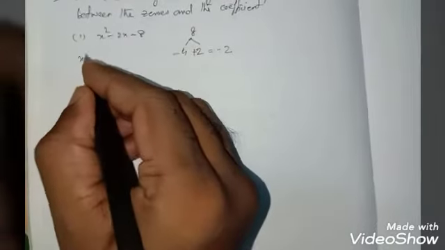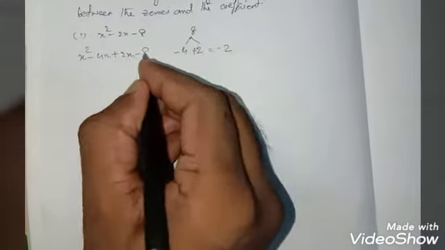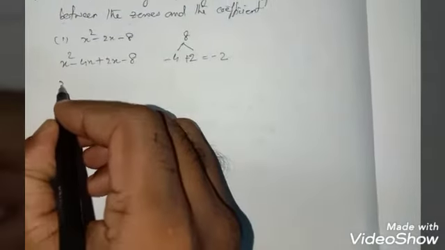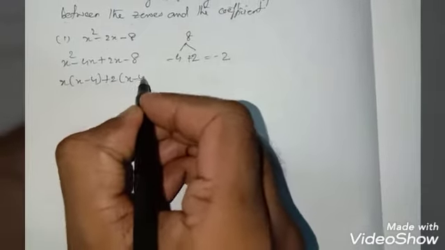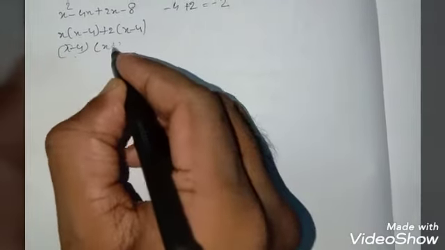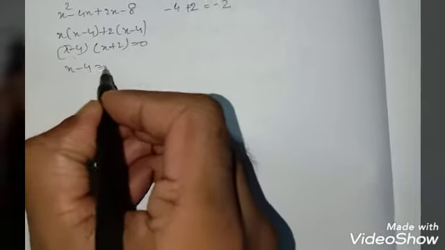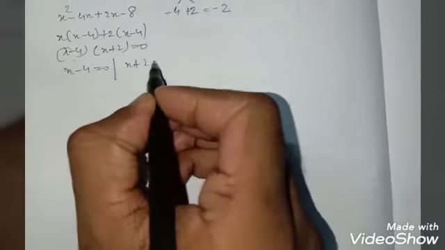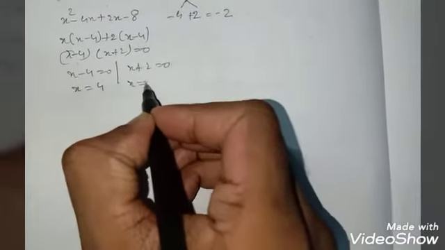So I can write this as x square minus 4x plus 2x minus 8. In this we can write x into x minus 4 plus 2 into x minus 4. If you take x minus 4 as common, you will get x plus 2 equal to 0. So I can write x minus 4 equal to 0 and x plus 2 equal to 0. So you'll get x is equal to 4 and x is equal to minus 2.